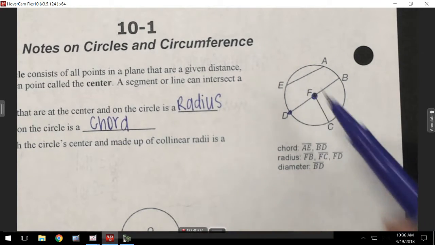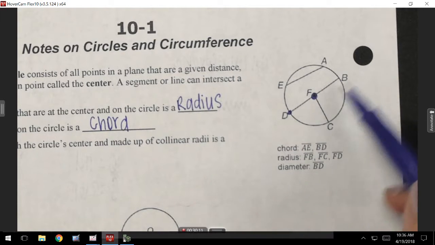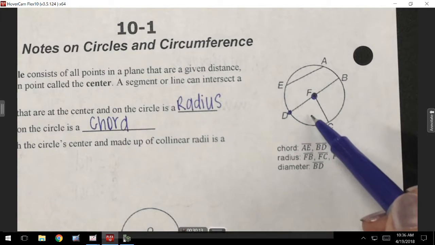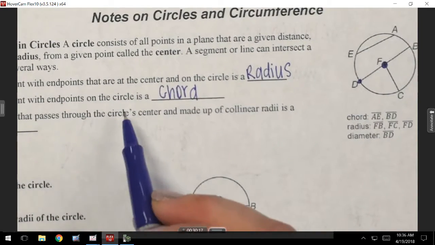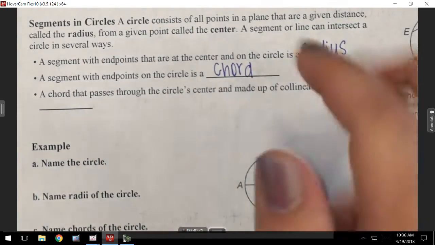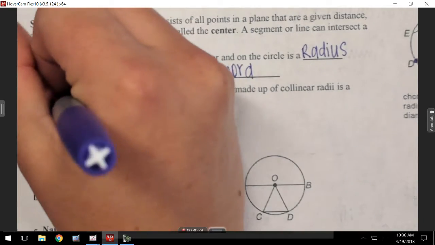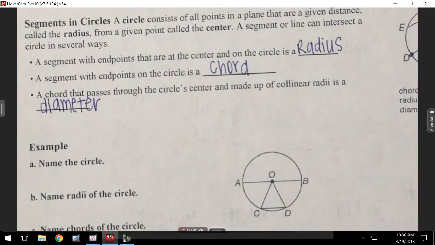AE is a chord. What else? DB. But DB is a chord, but what is it also? Diameter. So a chord that passes through the center, and is made up of two radii, is a diameter. So we've learned diameter, radius, and chord.